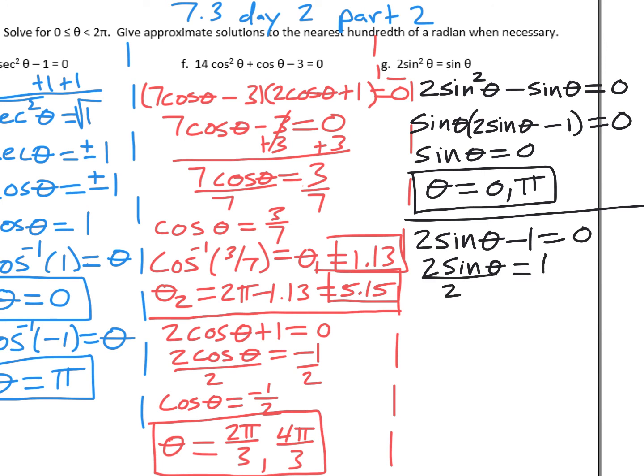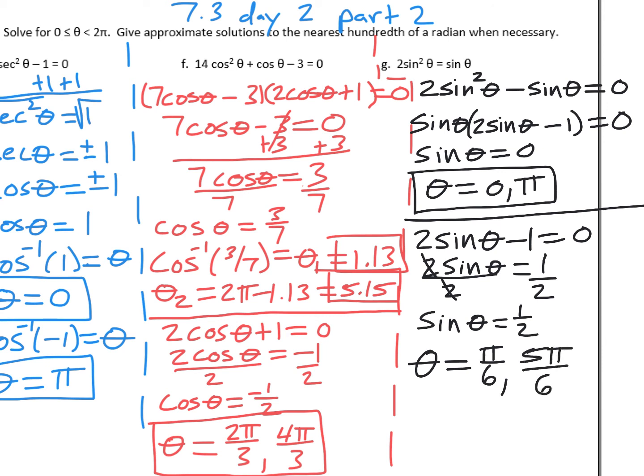Add 1, divide by 2. And we get sine theta equals a half. And yet again, we wind up on the unit circle. That would be at pi over 6 and 5 pi over 6, the two places sine is 1/2.